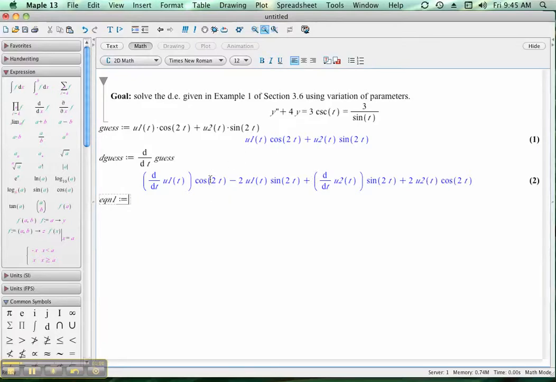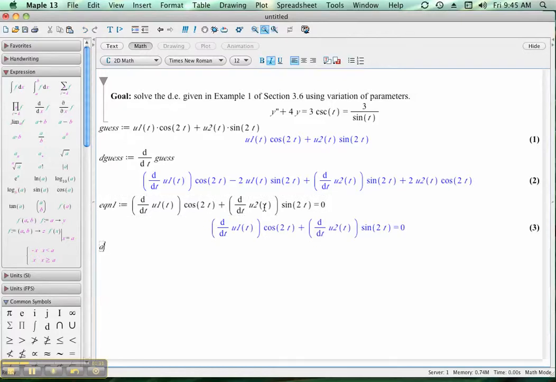So we're going to make a simplifying assumption. We're going to assume that everything that has a derivative in it is equal to 0. So I'm copying and pasting these two terms that have derivatives in them, and I'm going to assume that those equal 0. That's our simplifying assumption.